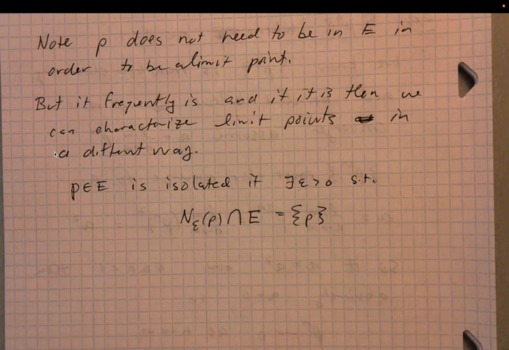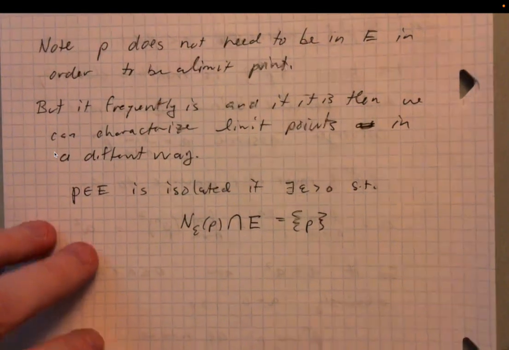If so, then it can't be a limit point. And a limit point would require that for all epsilon greater than 0, the intersection is going to contain something else. Okay, let's look at an example here.